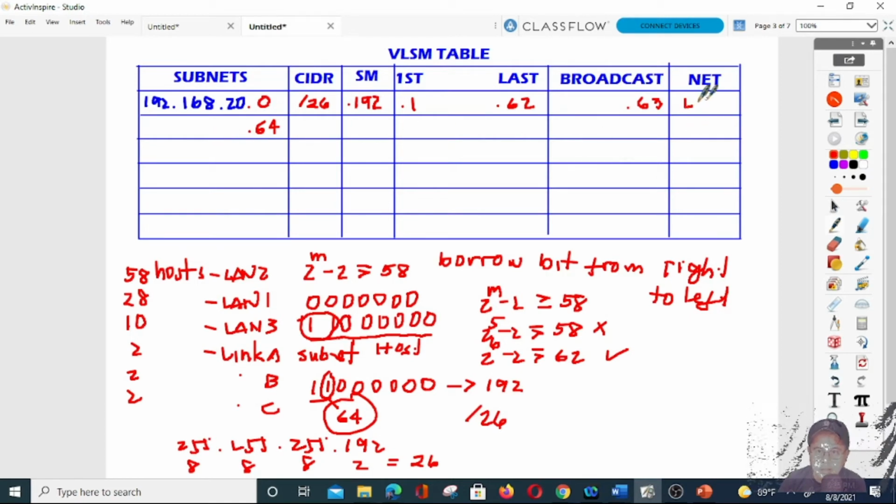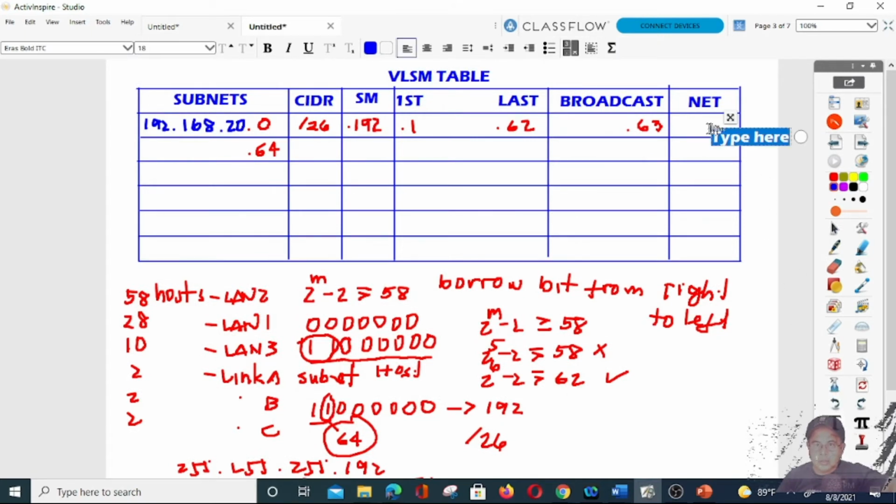So this is our LAN, LAN 2. That is for our LAN 2 requirements.